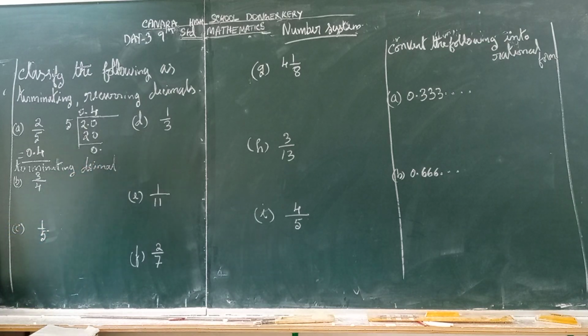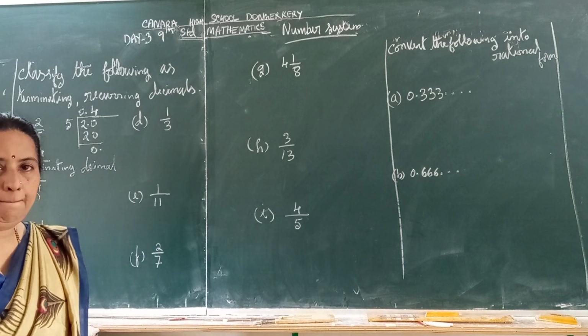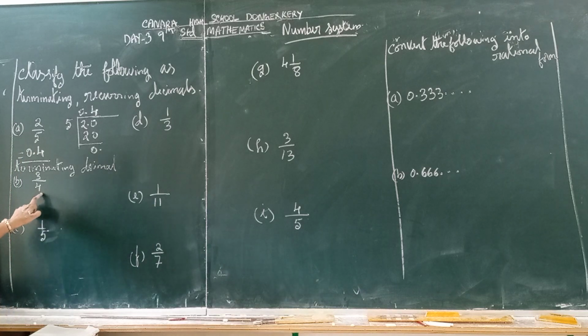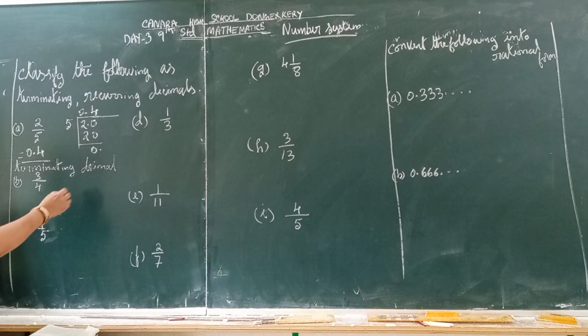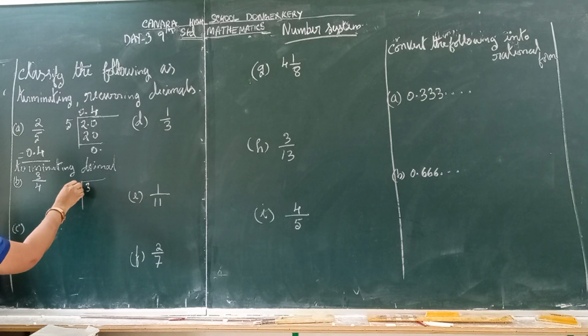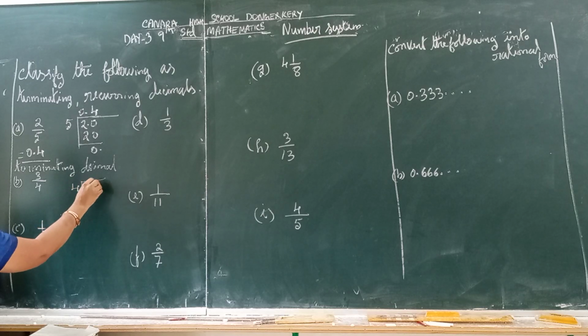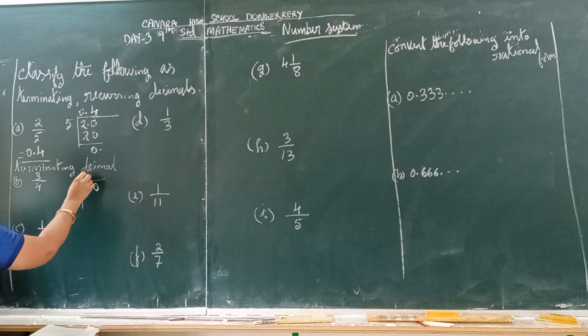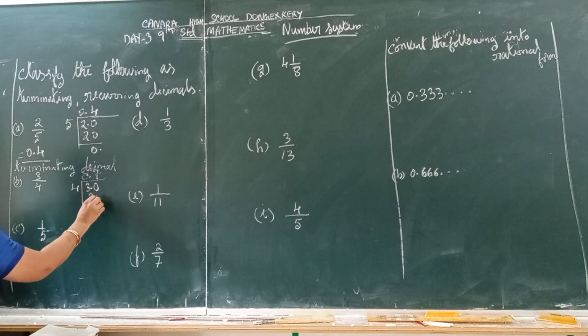Right, terminating decimal. Let us work out the second sum. 3 by 4. Same. 3 inside, 4 outside, not divisible. Therefore, 0 point. 4 how many times is 30? 4 7s are 28.